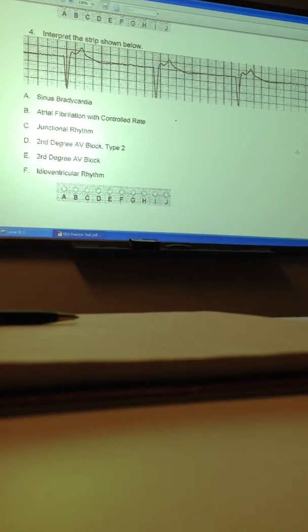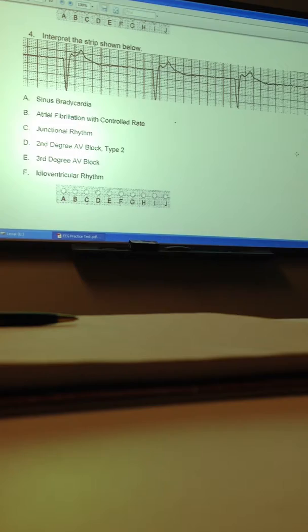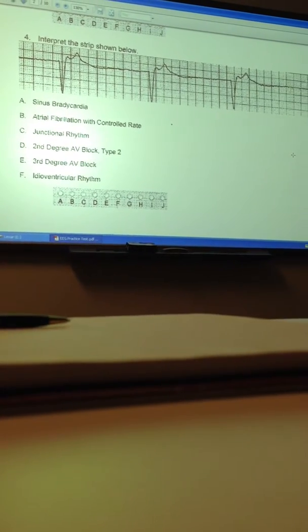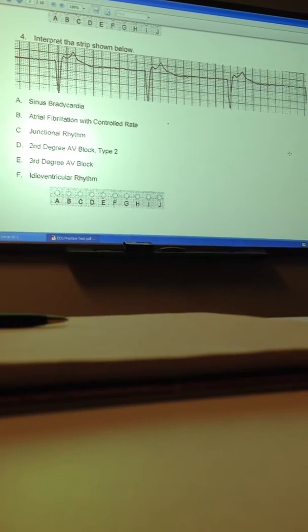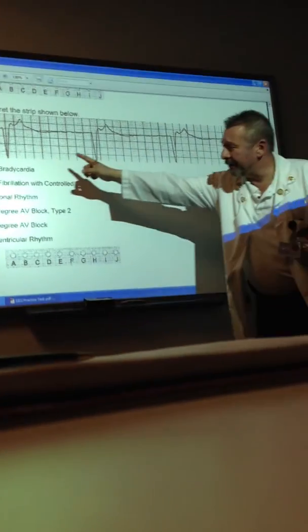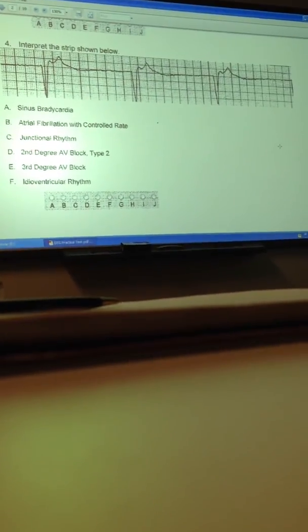Where's the P? There's no P, so it can't be sinus. Is it atrial fib with a controlled rate? Nope. Is this regular? Junctional rhythm? Yes.